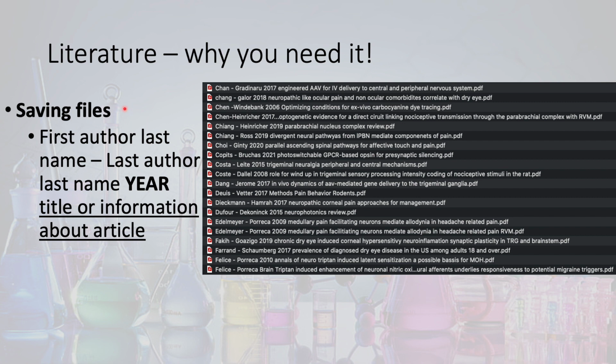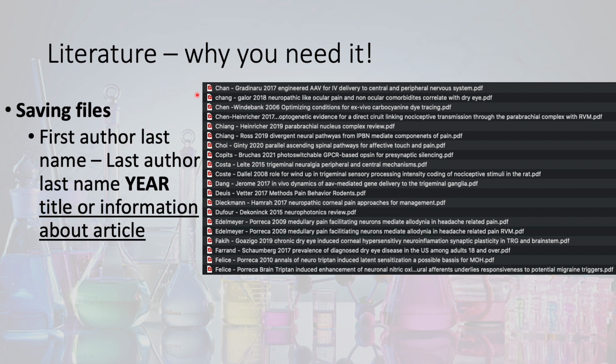The method I developed in grad school when saving many, many articles was this: I retitle all papers I download and save them as the first author last name, last author last name, the year it was published, and then either the title of the article or some information from that article. And I use this because once you start focusing your research, you're likely going to be reading articles from the same individuals over and over and over, right?